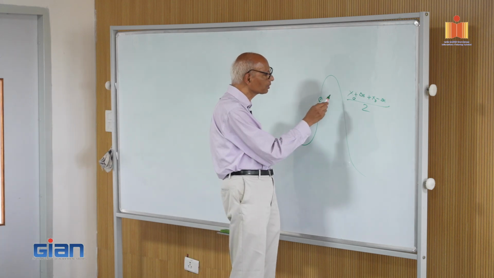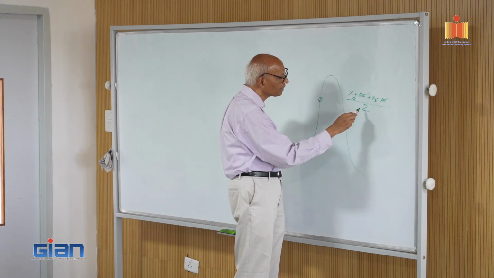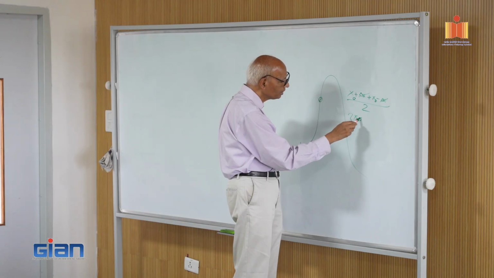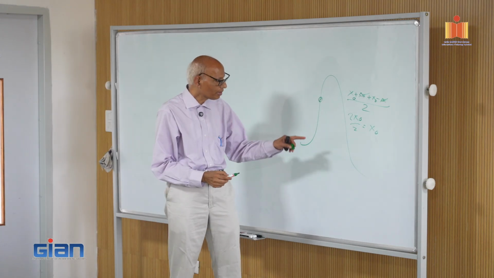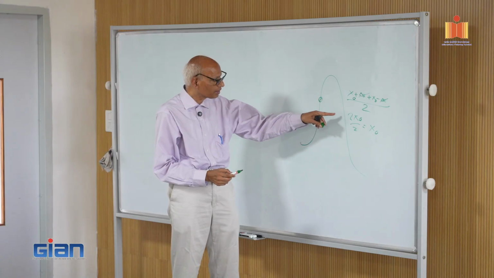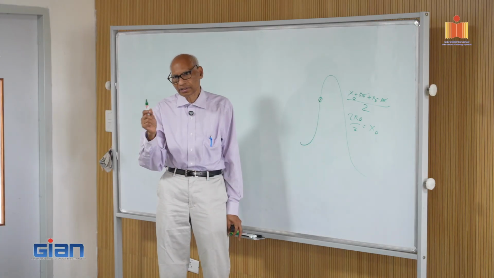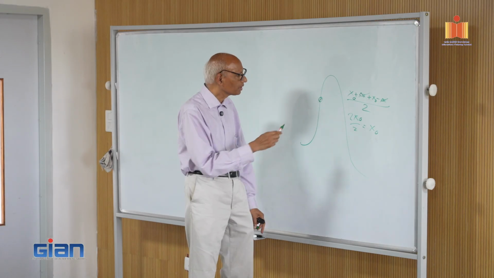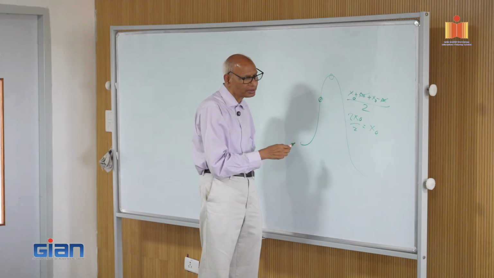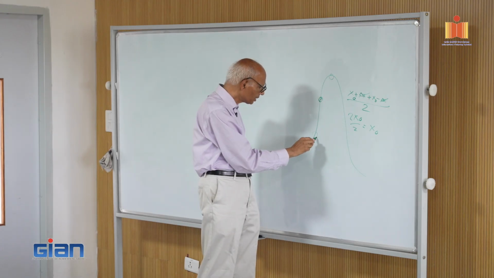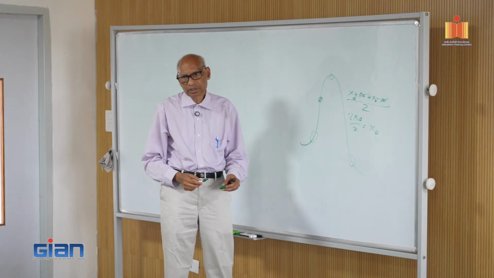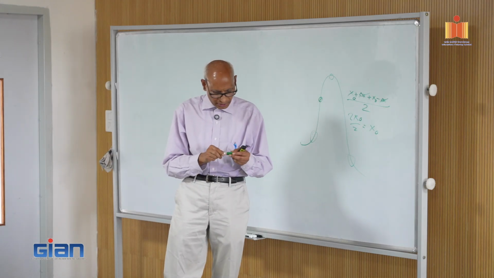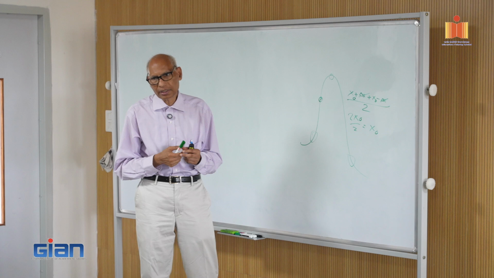When you take the average, it cancels out, then 2x0 divided by 2 is equal to x0. So that's what happens: if you are in the linear region, the detector size effect is not there. But in this region, there is a second gradient and it's no longer linear. So those are the regions where the detector size has some effect.